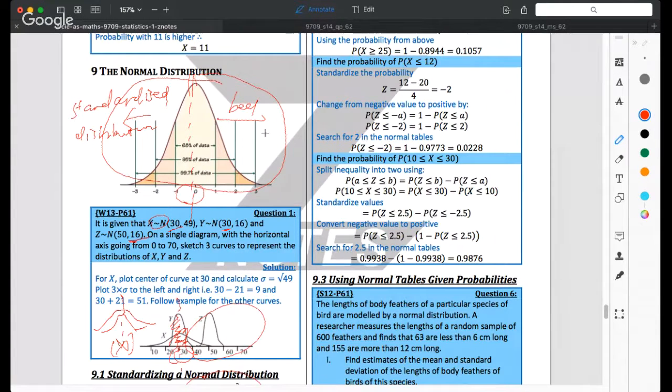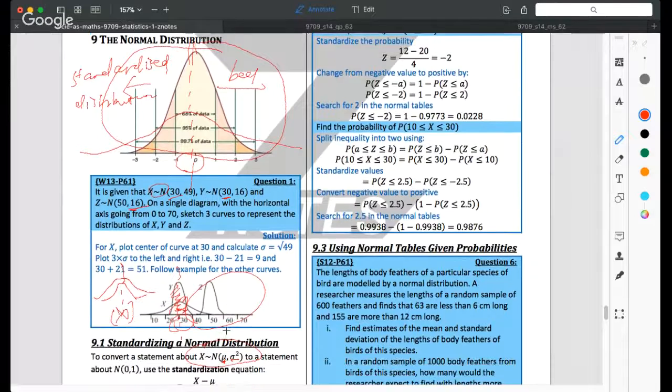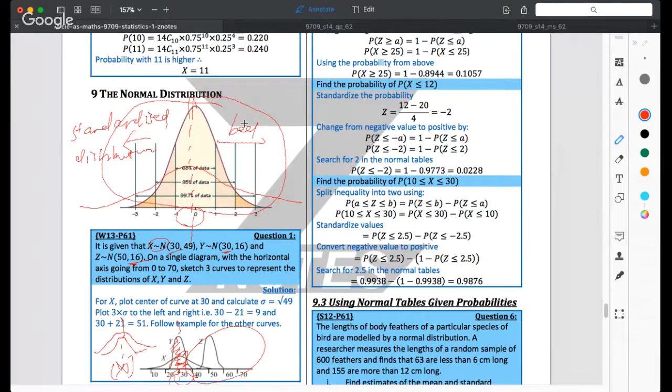What if I have a normal distribution with 0 mean but a larger spread, or a larger variance? We just draw something like this, right? So every normal distribution graph is a transformation of the standardized normal distribution graph.